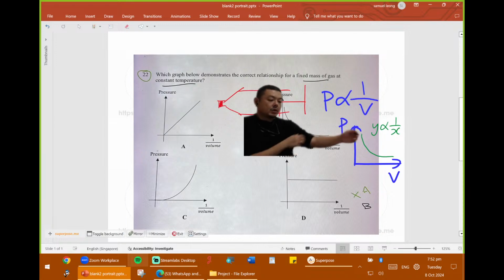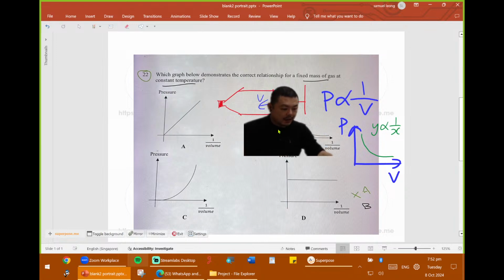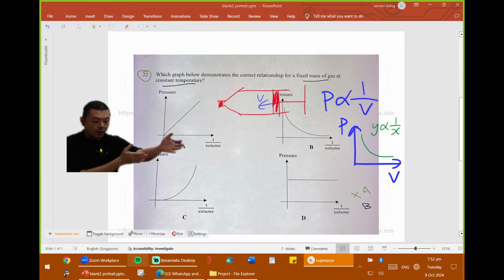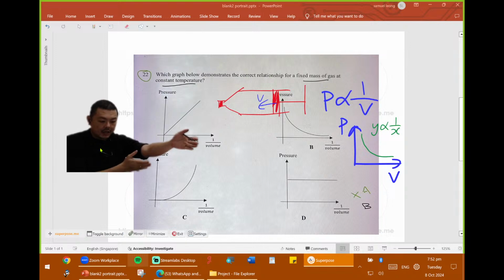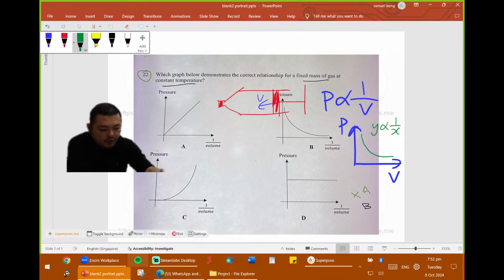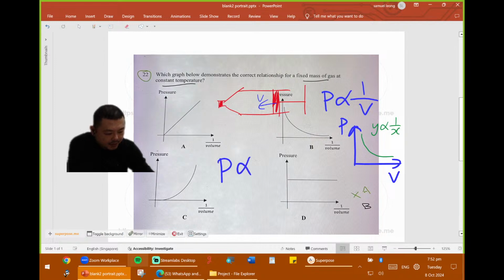But the thing is that you're not given any option where it's P versus V. They gave you options where the x-axis is 1 over V. But do you understand that there is another way of reading this relationship?